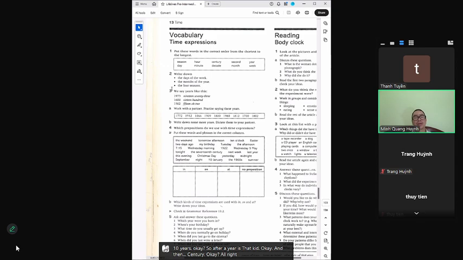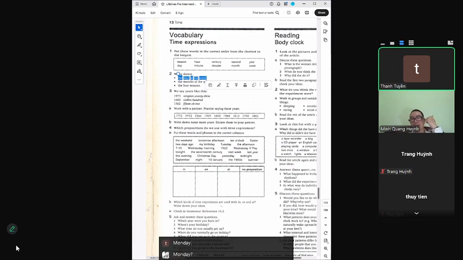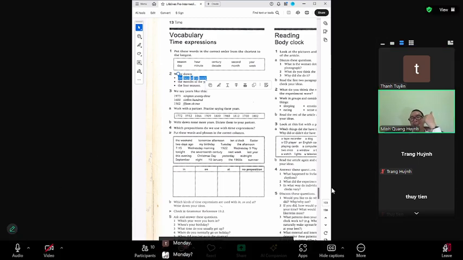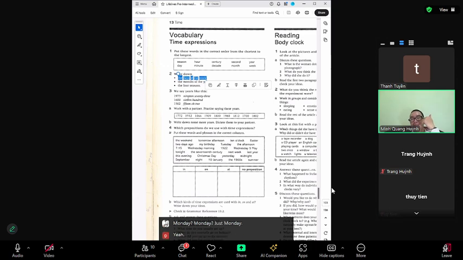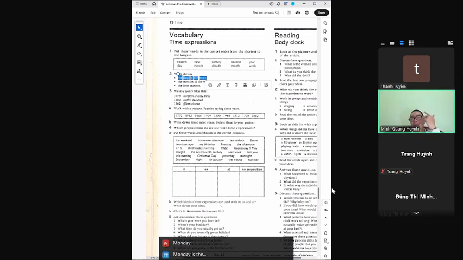All right, number 2, also simple. What are the days of the week? Can anyone tell me the days of the week? Monday, Tuesday, and then Wednesday.